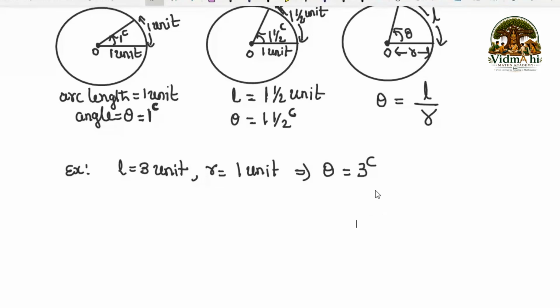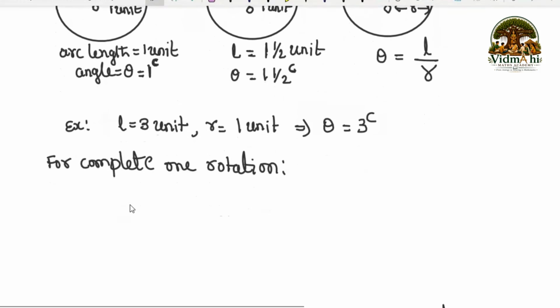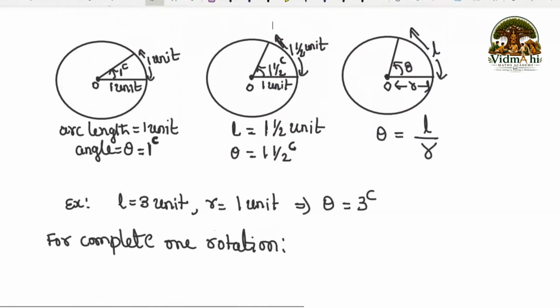Now what about a complete one revolution or complete one rotation? For complete one rotation, we consider the boundary of the circle.